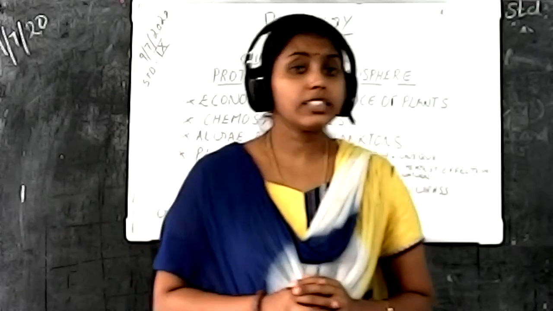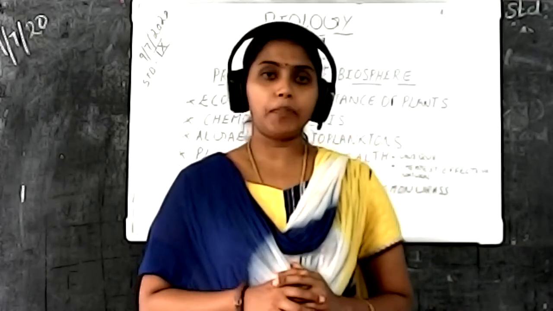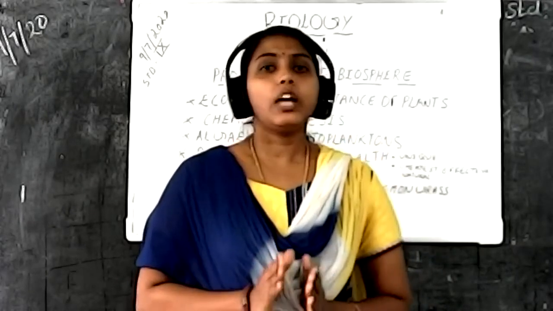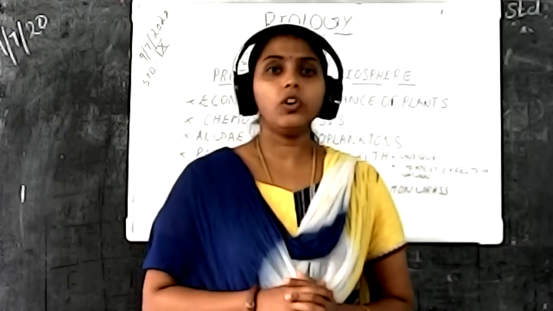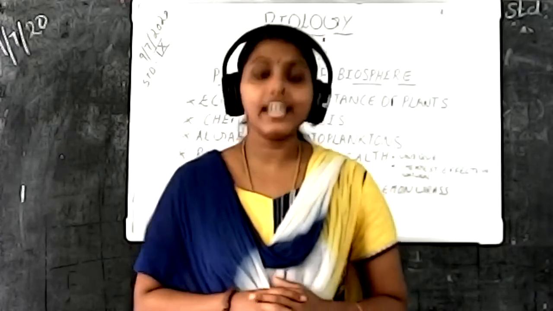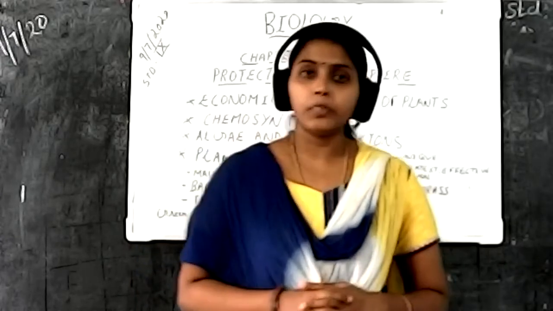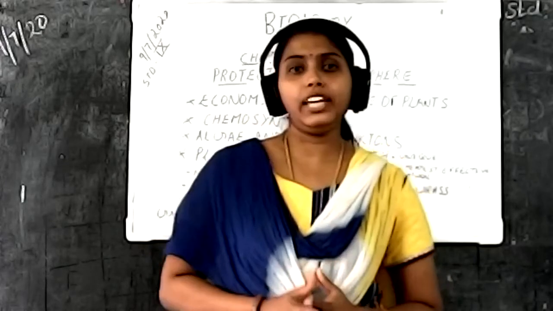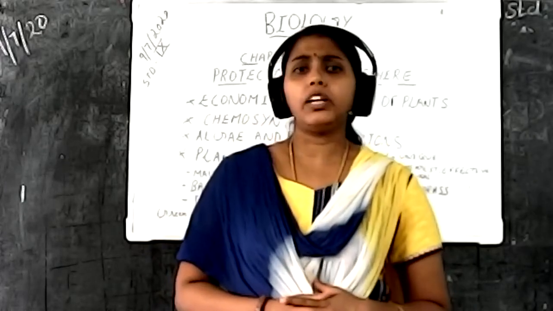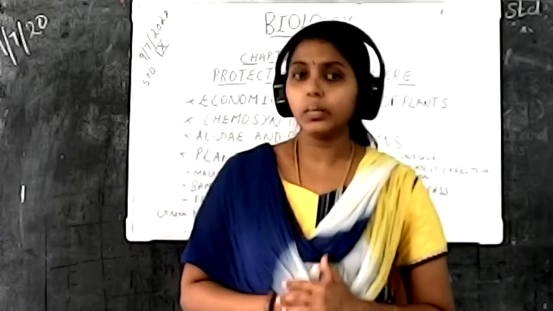And in the case of chemosynthesis, what is happening? Chemicals are broken down to release energy. So instead of sunlight, in chemosynthesis, chemicals are broken down to release energy, and that process is called chemosynthesis.